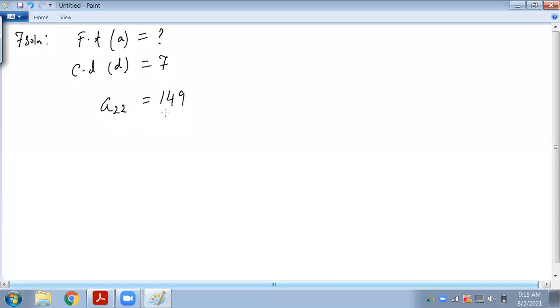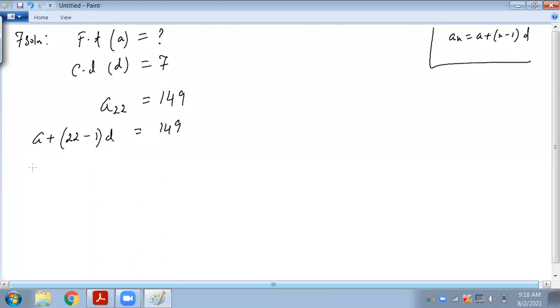Now we know a22 is 149. So we can utilize this and apply the formula. We know an equal to a plus (n minus 1) d. So a22 will be what? a plus, instead of n, (22 minus 1) d equal to 149.